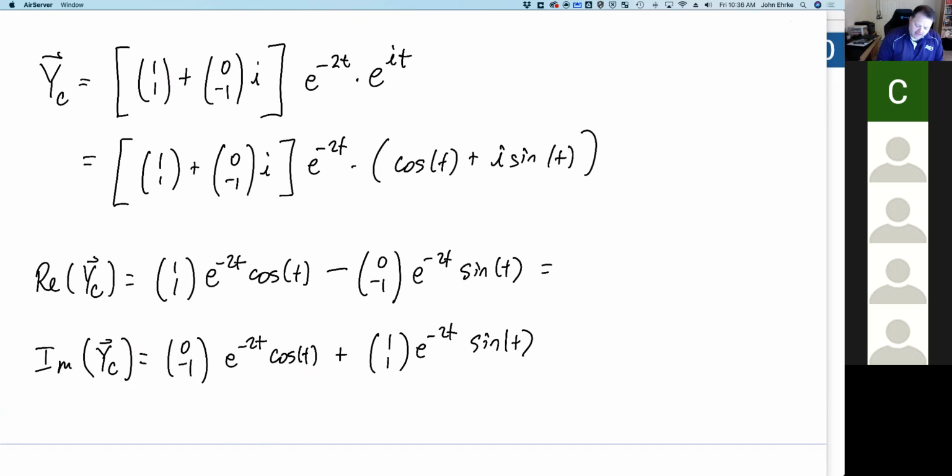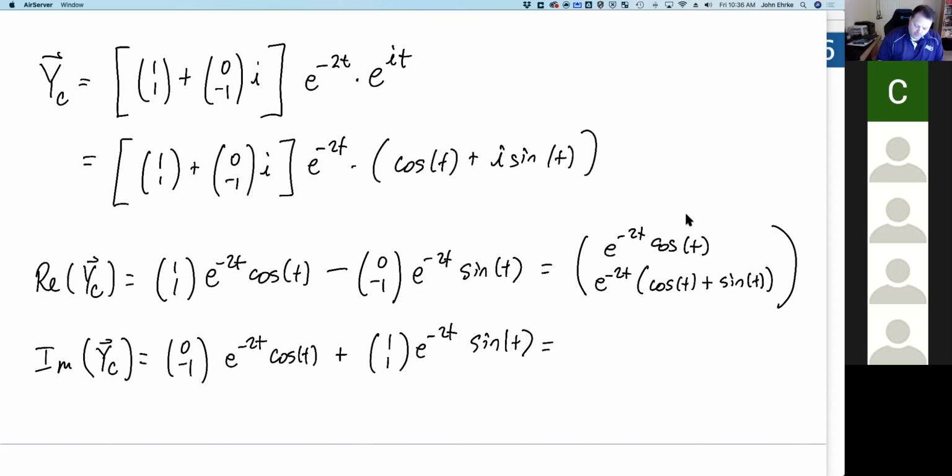So I'm going to combine this into one vector now. If you read across the top component of the vector, you get e to the -2t cosine t. And if you read along the bottom component, you get e to the -2t cosine t plus sine t. So there is one real solution.